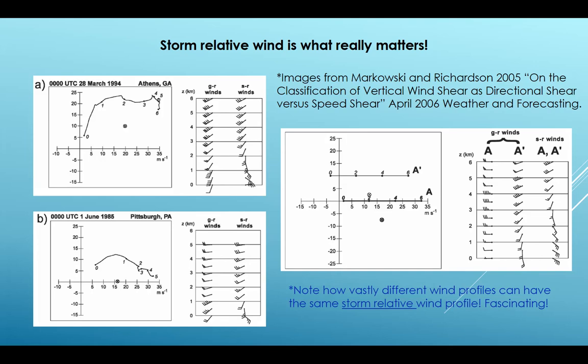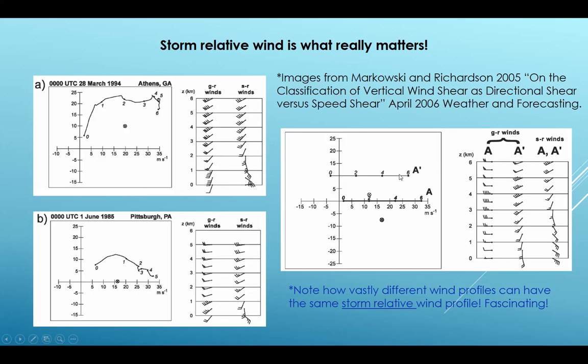So next time you go on your chase trip or you're forecasting, go ahead and try to get in the storm relative framework immediately, and know that you can have a unidirectional wind profile but still have a storm relative wind profile that is highly conducive for the development of even violent tornadoes, which is hard to believe, but it is certainly possible.